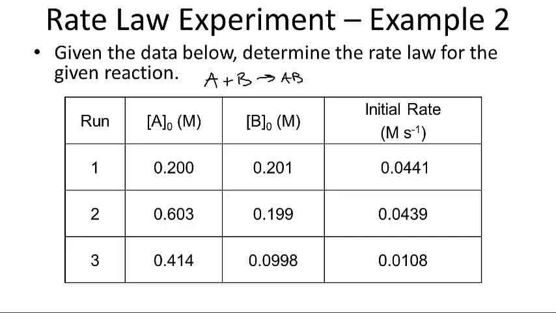So we have all this data that's going to help us. Use the method we talked about, not the crazy mathematical method if you don't want. You can use the crazy mathematical method, but it's on the next slide. So I'd like you to do it the more straightforward way.